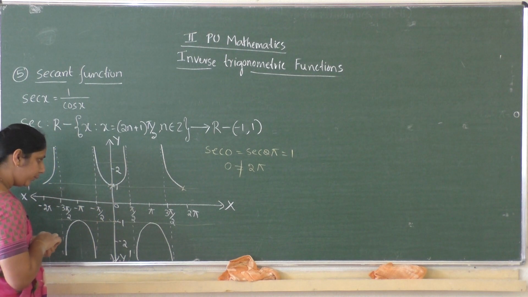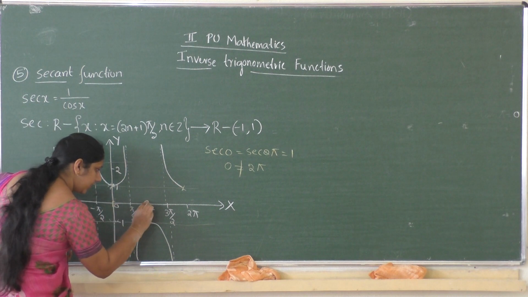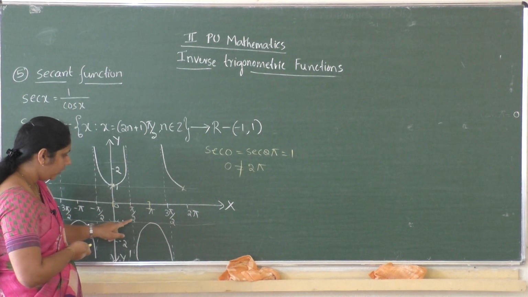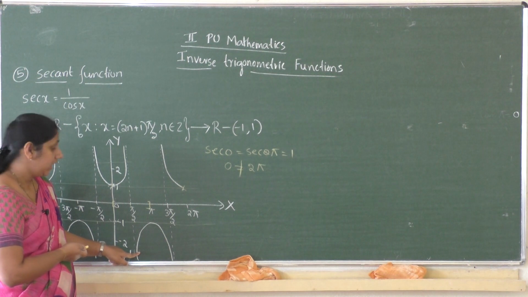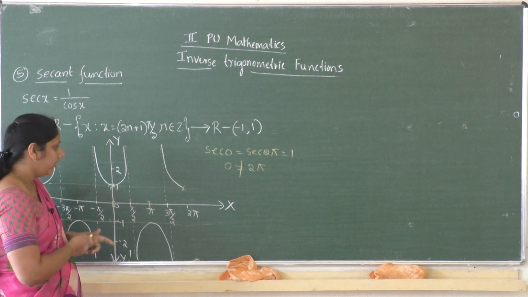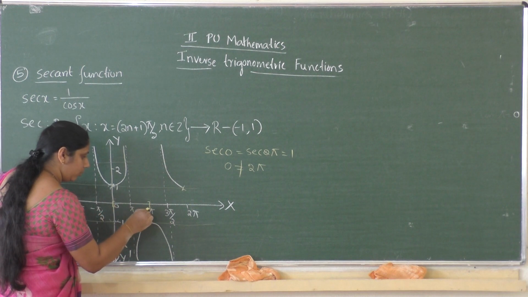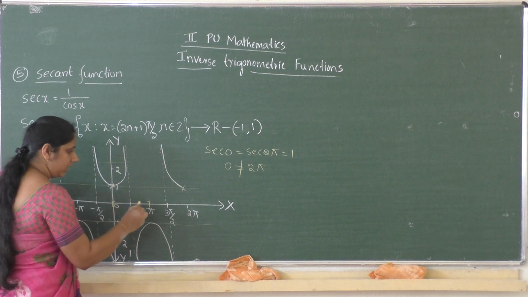So we have to take the closed interval 0 to pi, but at pi by 2 the value is infinity, which means it is not defined. So we have to take the closed interval 0 to pi minus the set containing the value pi by 2.